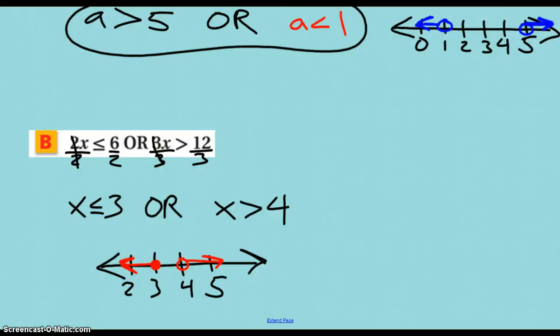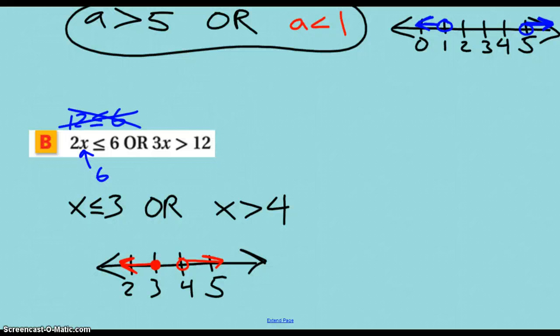So any number that would suffice for either of those equations would be a solution. So it's not going to work for one, but it would work for the other. For instance, if I chose the number 6, if I put 6 in for x, and if I did it for both of them, so let's say I put 6 in here, I would get 2 times 6, which is 12, less than or equal to 6.